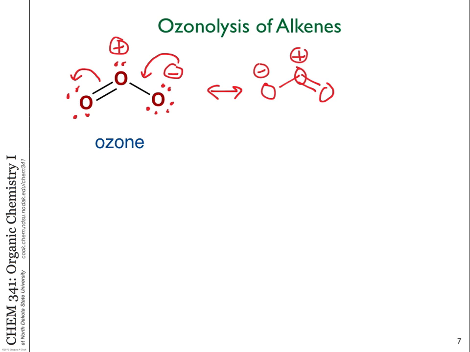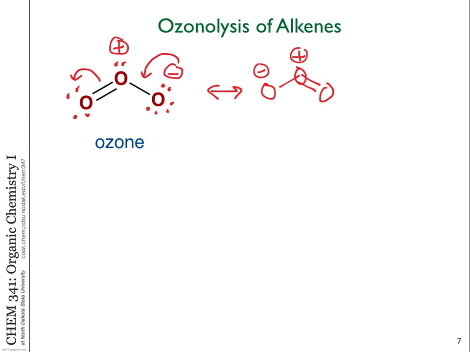The bottom line is that we have a negative charge on the two end oxygens and a plus charge on the middle oxygen. And because this has a formal plus charge on the middle oxygen, if we can do reactions where that plus charge could be removed and satisfied by throwing a pair of electrons on it, then that would be a good thing.